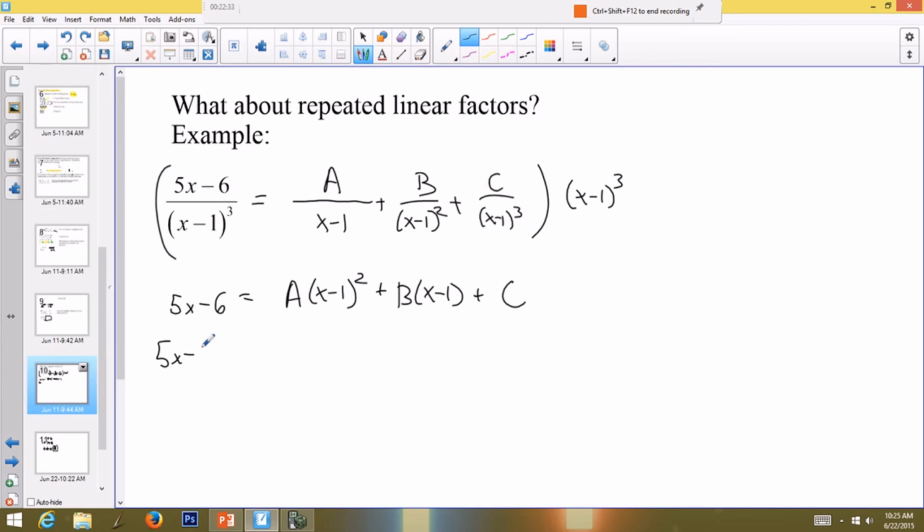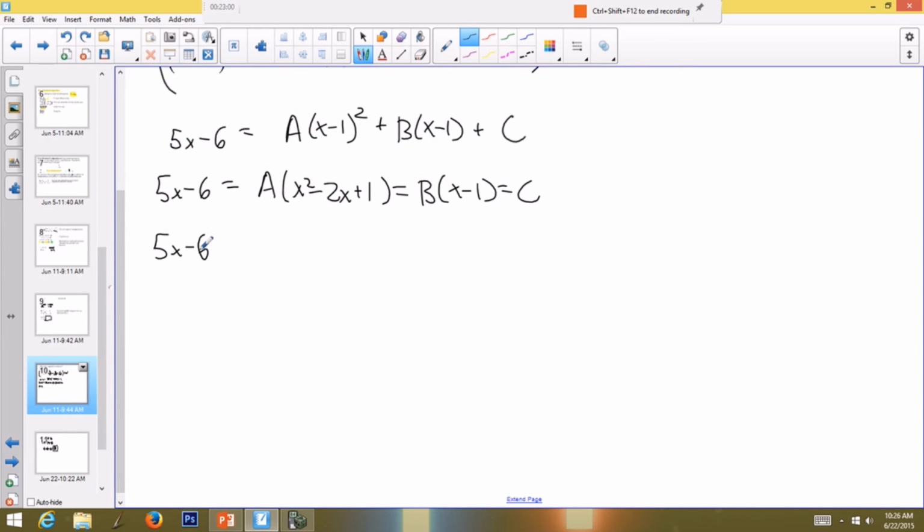So I've got 5x minus 6, and then when I multiply this out, I've got a times x squared minus 2x, and then plus 1, and this will be, I'll just leave it and do another step, b times x minus 1, and then c, and then I still have my x minus 5 to the 6th distribute, so I've got a times x squared minus 2ax, and then plus a, and this should be a plus, not a minus.